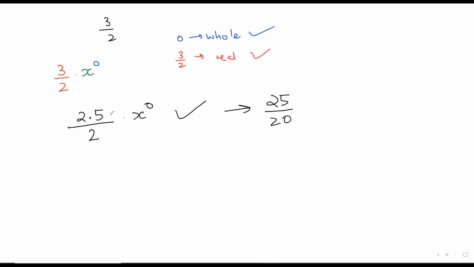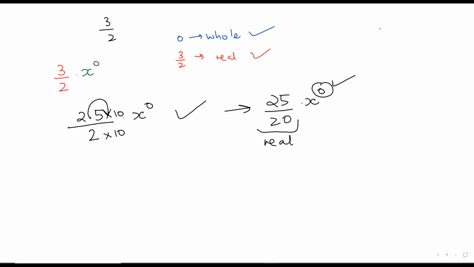Basically, what we did was we multiplied the numerator and denominator by 10 so that we can get rid of this decimal and it shifts one place to the right. So we have 25 by 20 x to the power 0. So this over here is a real number and this also satisfies our checklist. So yes, this is a polynomial. Is it clear, Mridula? Yes, ma'am.